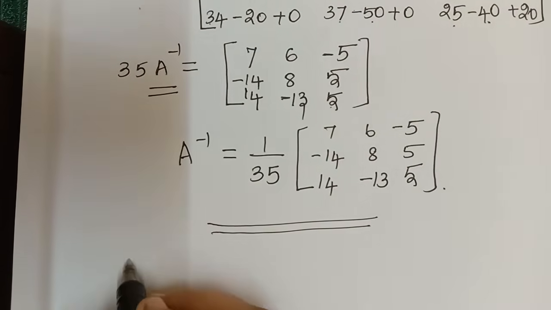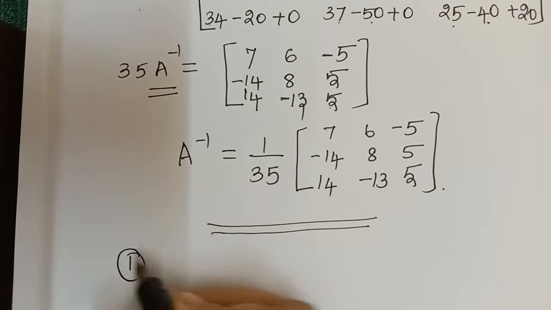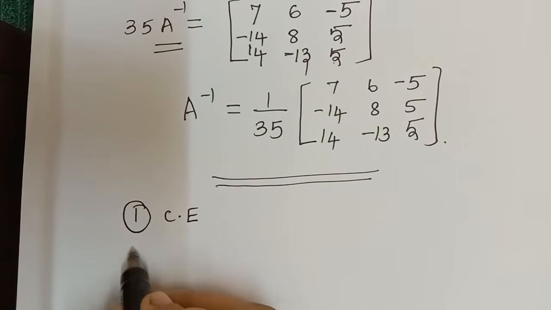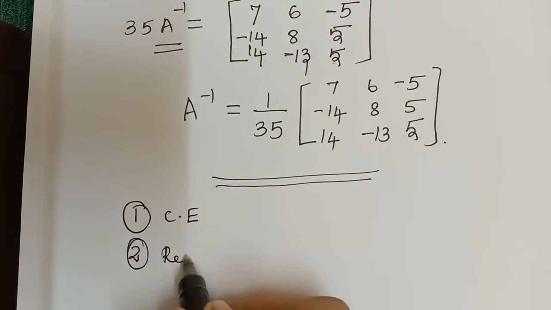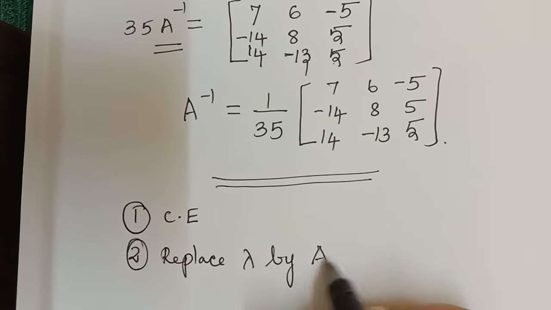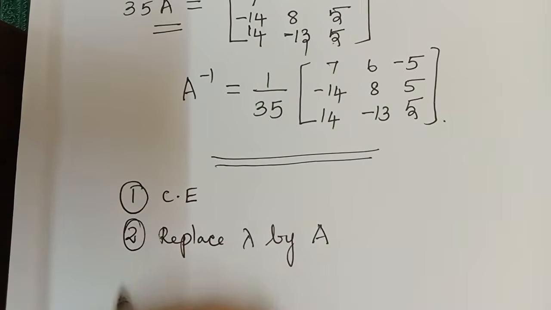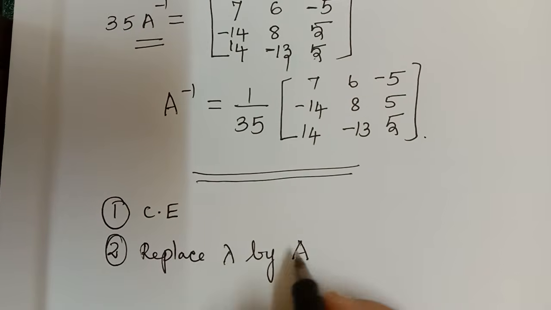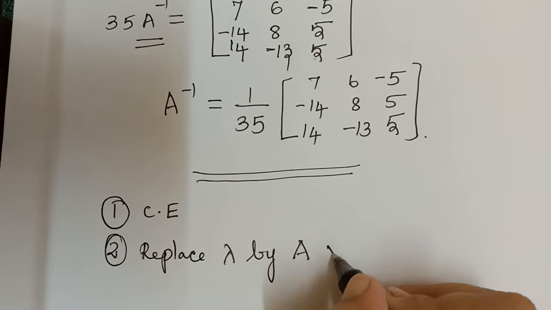And so the steps involved in solving this problem are: first we have to find the characteristic equation. That is the first step. And the second step is we have to replace lambda by the matrix A in the characteristic equation. And then after replacing lambda by A, we have to check whether it satisfies it.